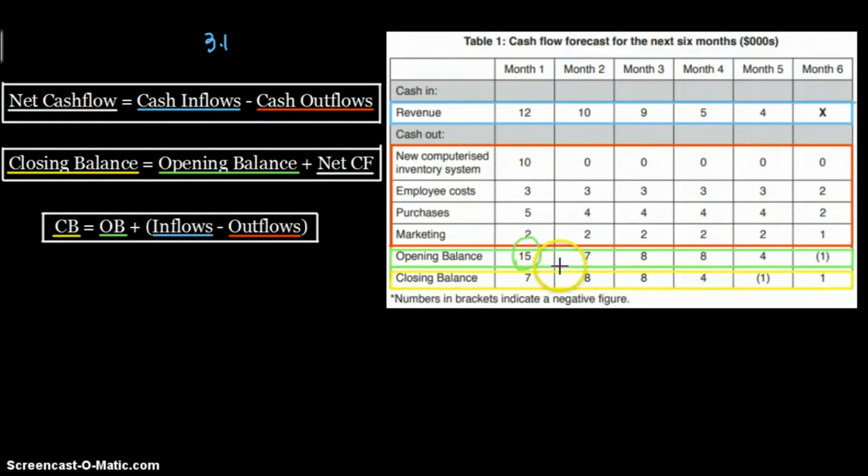So in the next month we got $7, as you can see over here. The closing balance of month 1 is the opening balance of month 2. Closing balance of month 2 is the opening balance of month 3. You can see there's a little trend over here. So let's just look at some calculations before explaining more about this opening and closing balance.